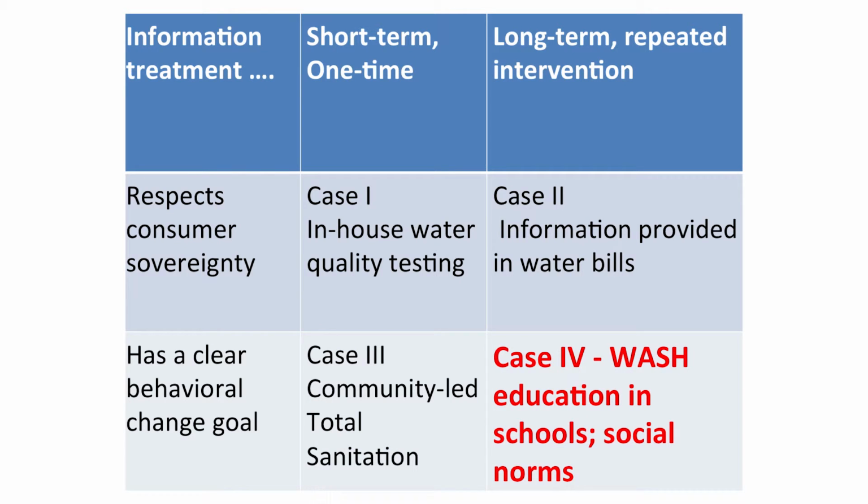Case 4 in the southeast cell of the table is a class of information treatment that provides repeated information to households with the explicit goal of a specific behavioral change. Like the information treatments in Case 2, the interventions in Case 4 are long-term and typically periodic. And like the information treatments in Case 3, the explicit goal is a specific behavioral change. In Case 4, there is little effort to respect consumer sovereignty.